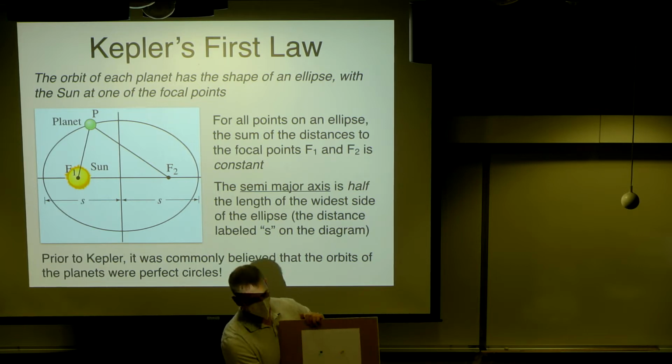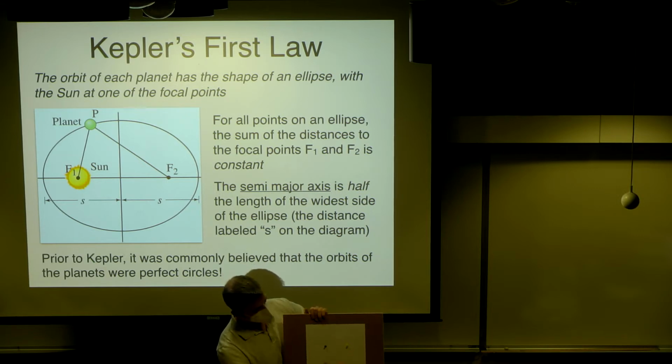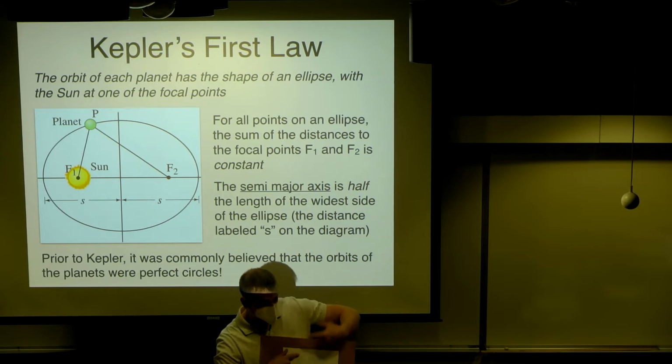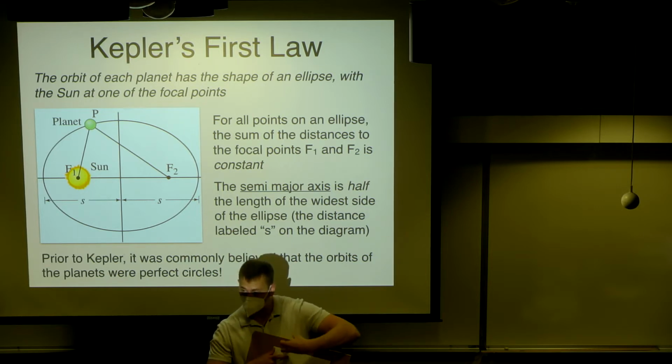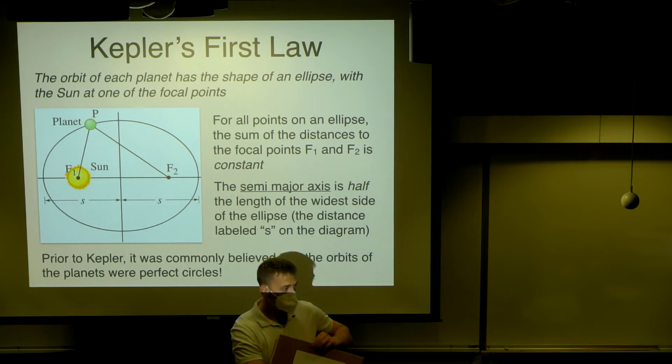What we're saying is for an ellipse, your distance to each focal point when you add them together stays the same. By making the path follow this string, I'm basically ensuring that the sum of the distance from here to here and here to here stays the same, because the length of string I'm working with has to stay the same. You guys see that? So the sum of these two distances as I move around has to stay the same.